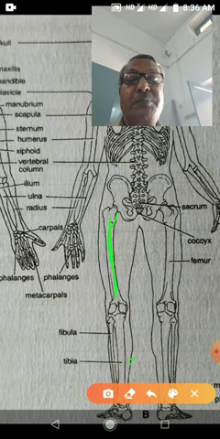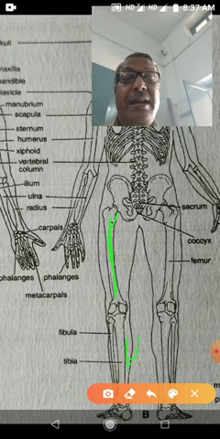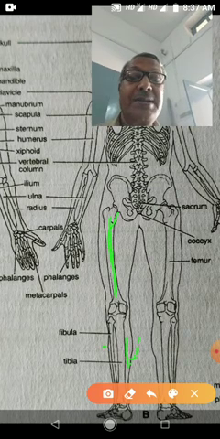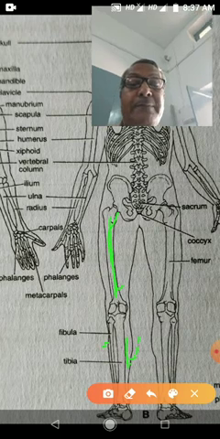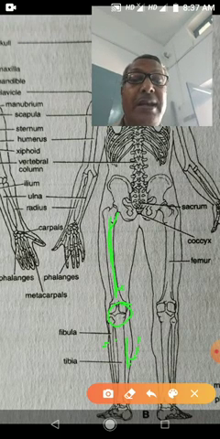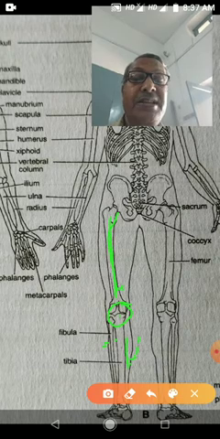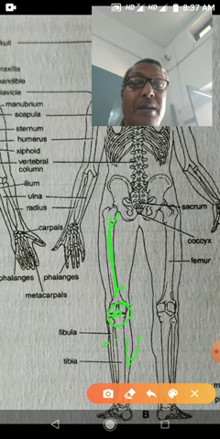The bone towards the big toe is the tibia, and the bone towards the little toe is the fibula. At the joint of femur and tibia-fibula, this joint is the knee joint, and there one bone is present. This bone is known as the kneecap or patella.